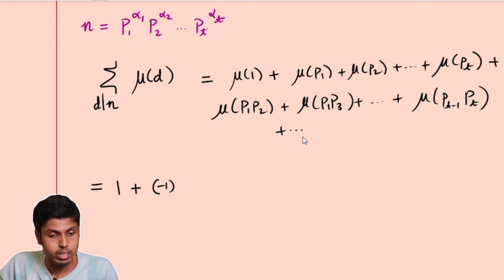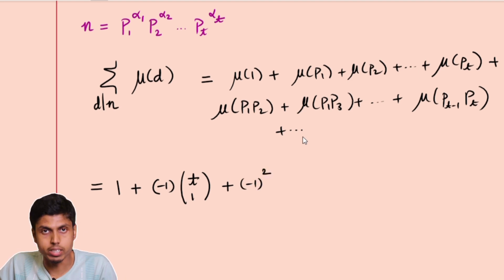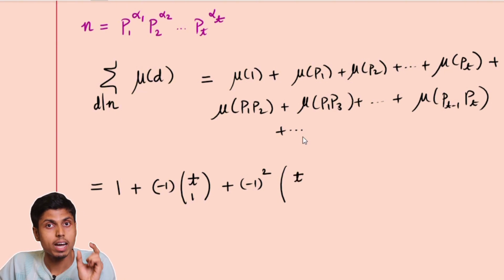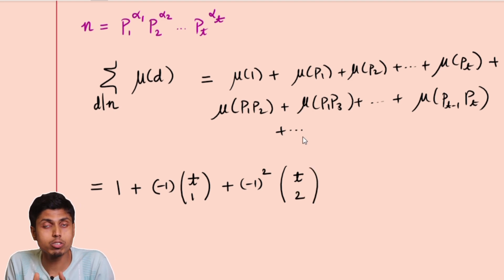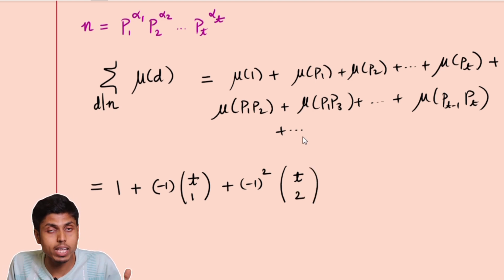Well, t times. In fact, t choose 1 times, plus (-1) whole squared because there are 2 primes each time. And how many such expressions? t choose 2. I have t primes, and I choose 2 primes out of them. t choose 2 is the number of ways to choose 2 primes out of t given primes.